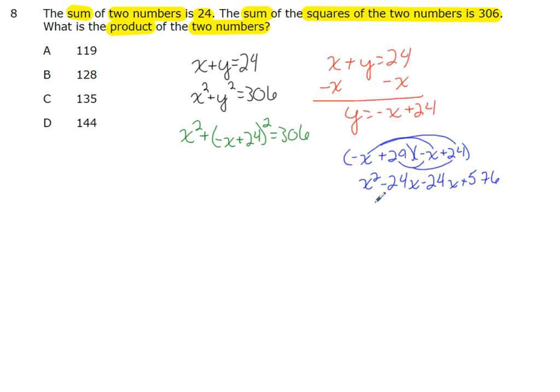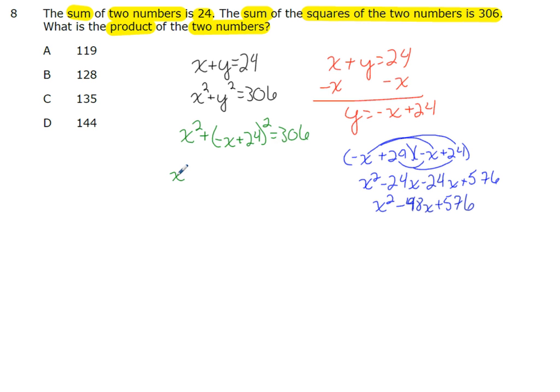So when I combine like terms, I get x squared minus 48x plus 576. That's 48 right there. Now I'm going to put that back in right here where this was. I just simplified this is all I did there.